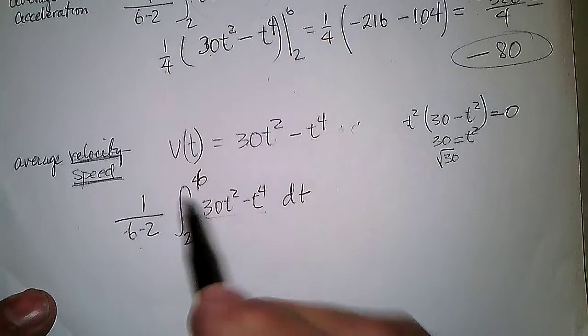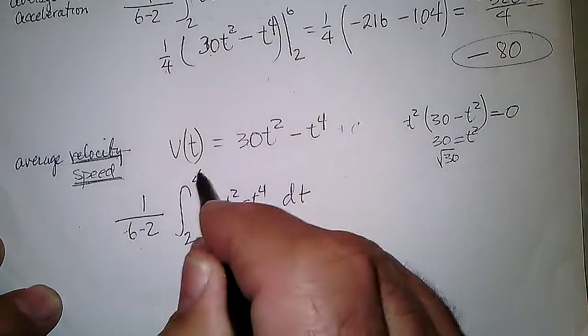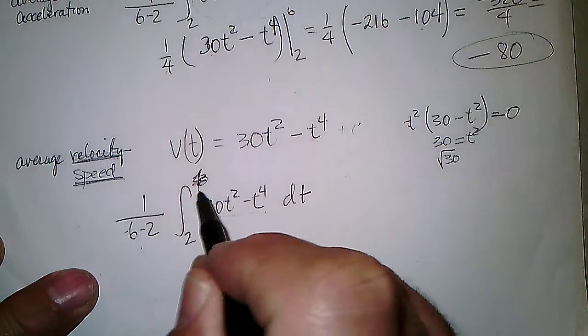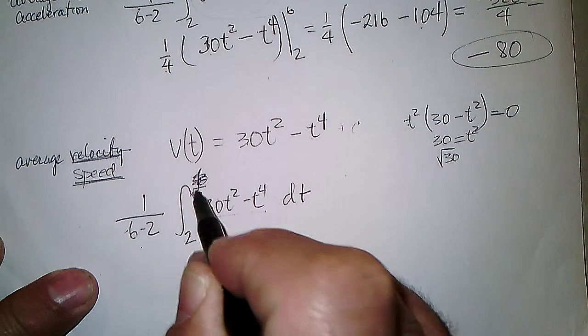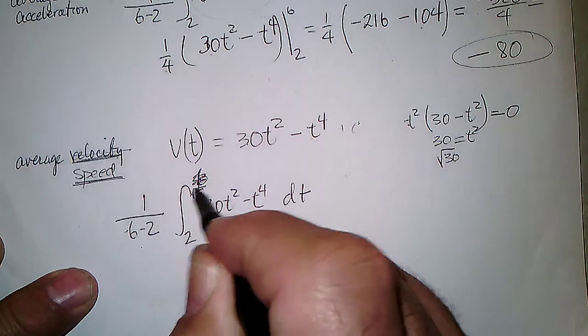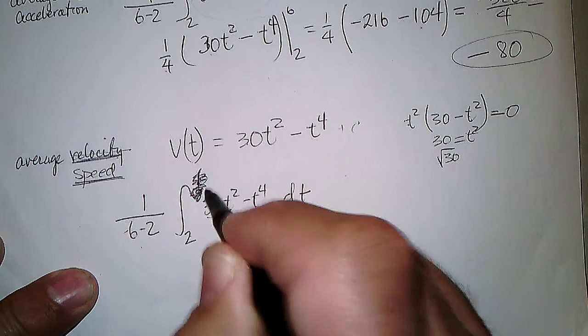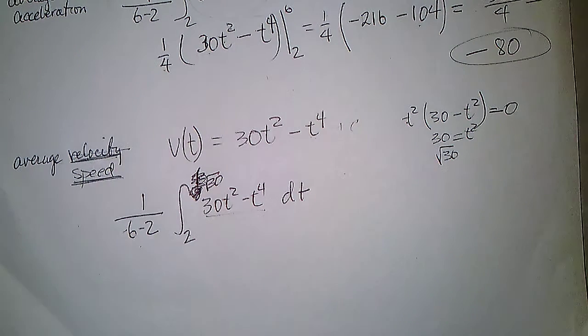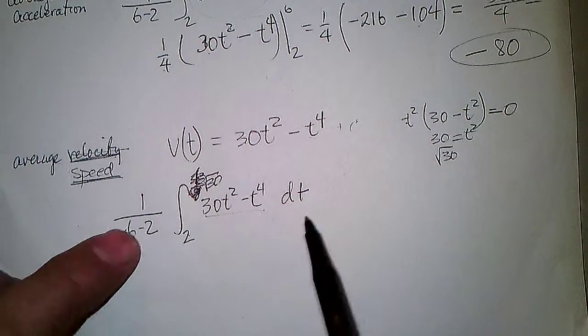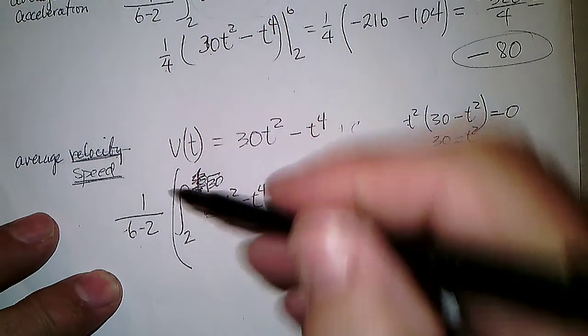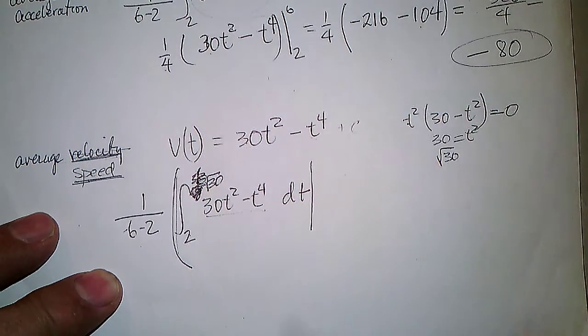So instead of going from 2 to 6, we need to go from 2 to the square root of 30 and figure out what this is. And if it's not positive, we'll make it positive.